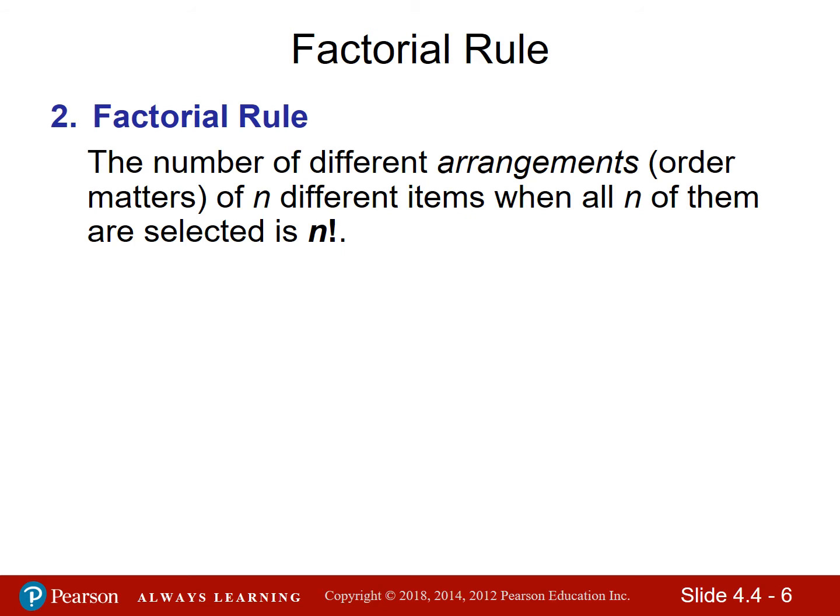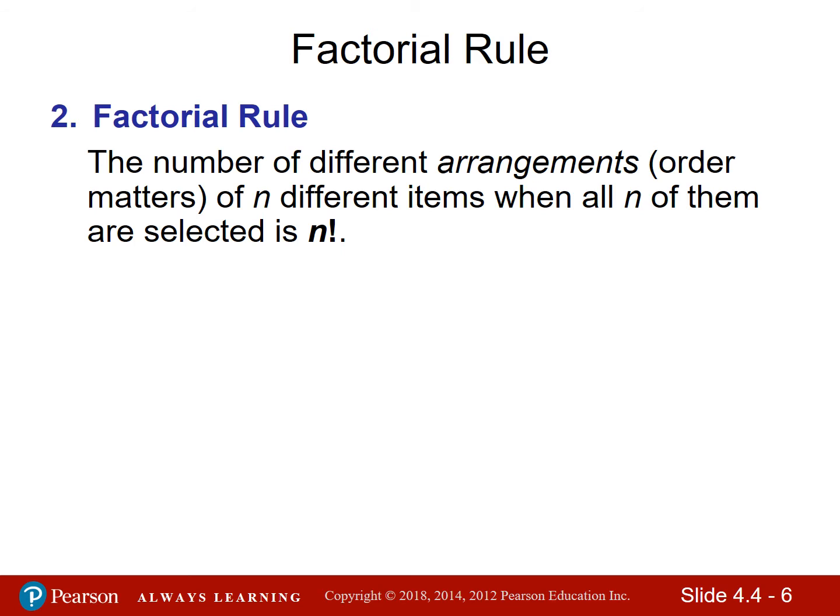We're also going to talk about permutation, where the order matters, where there is a first place, second place, and so on. So the number of different arrangements of n different items when all n of them are selected. So you select all of them.